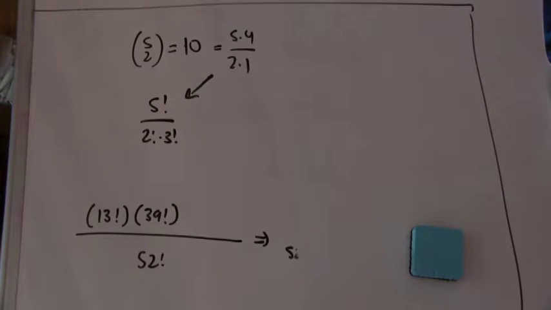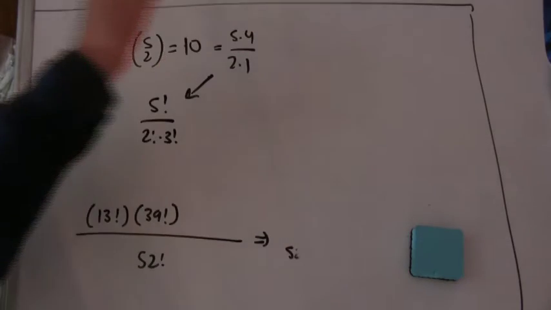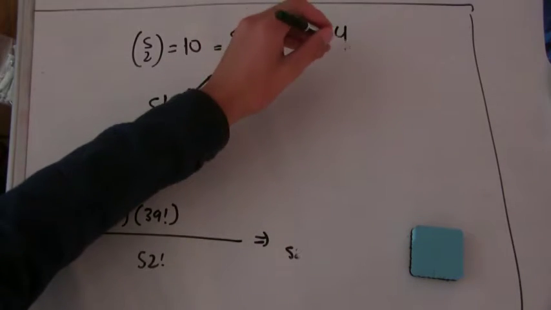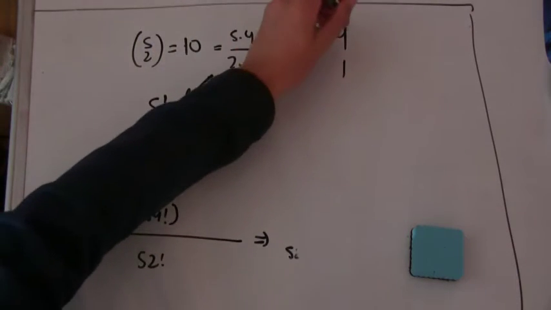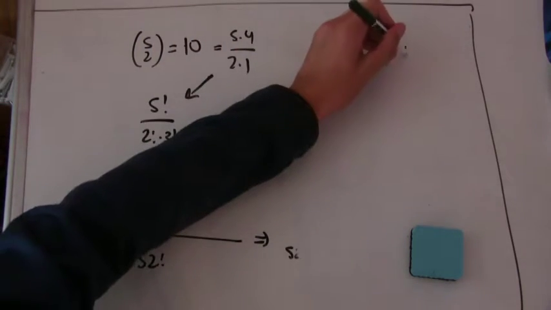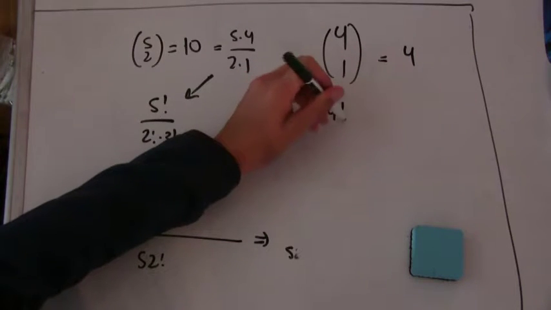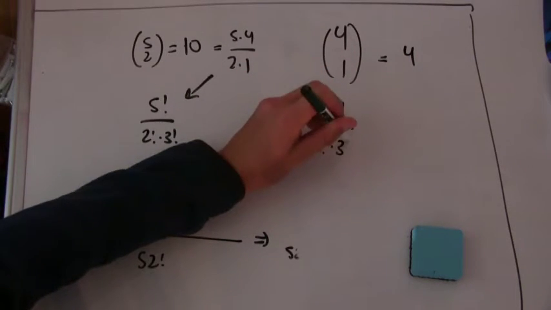Do we have another choosing number that we know off the top of our head? You could just guess a small example, like 4 choose 1. No, it'd be 4, or 4 factorial over 1 factorial times 3 factorial.